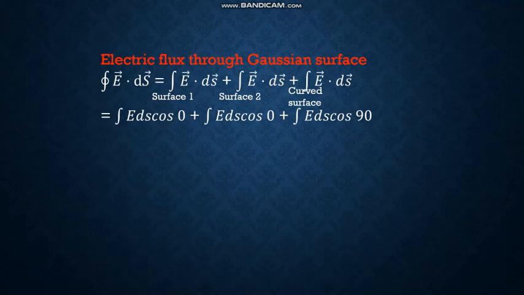So we get 2E integral ds. Integral ds is equal to the cross section area of the cylinder, and we get 2EA.